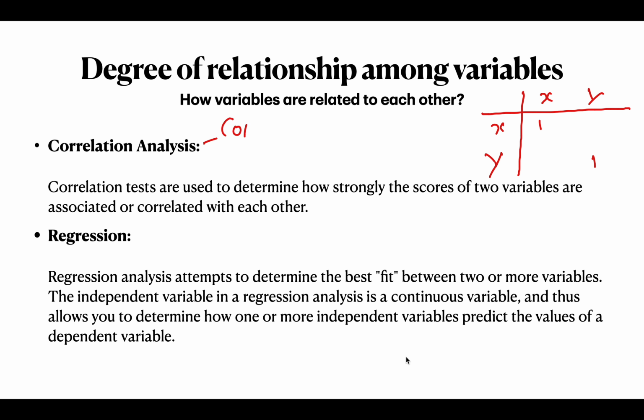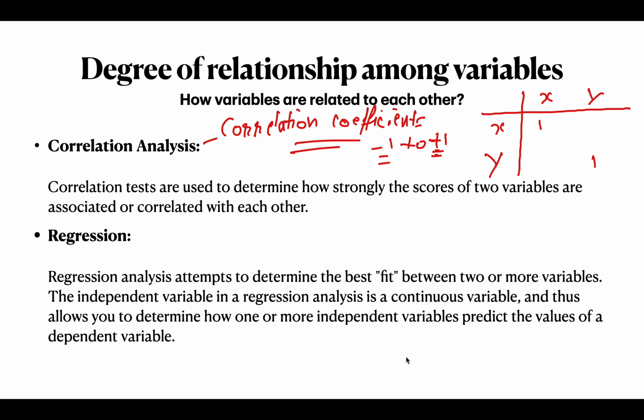Now, in correlation analysis, we have something called, it is a very important concept, correlation coefficients. Now, these coefficient values vary from -1 to +1.